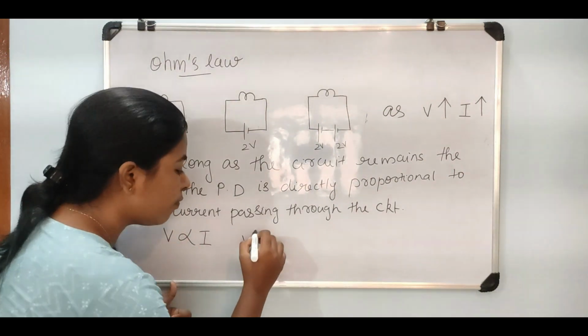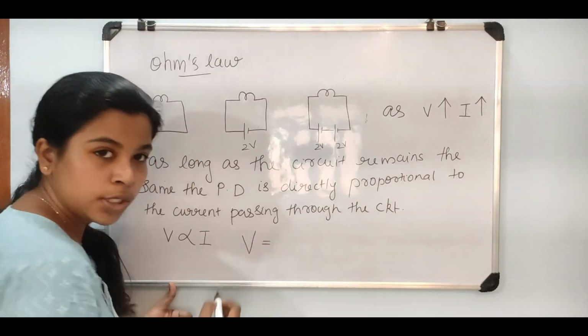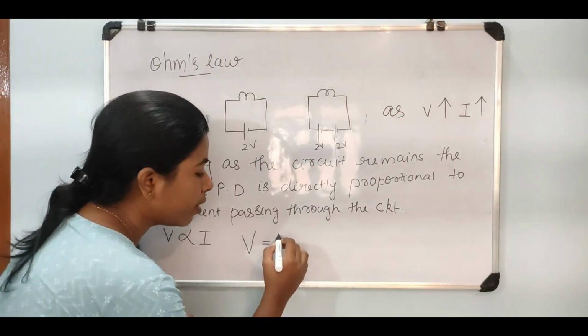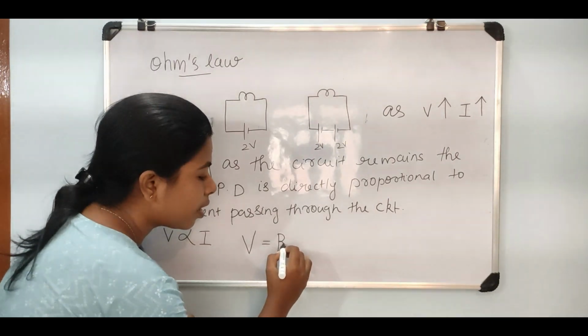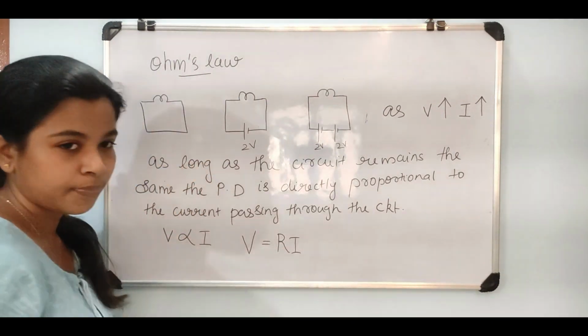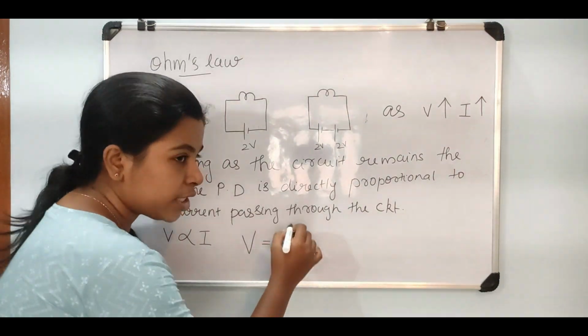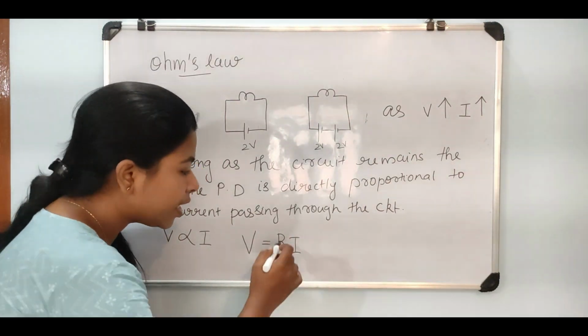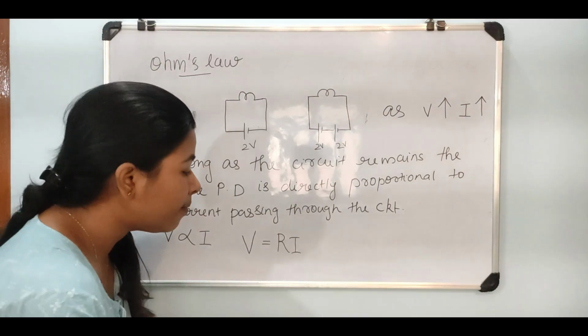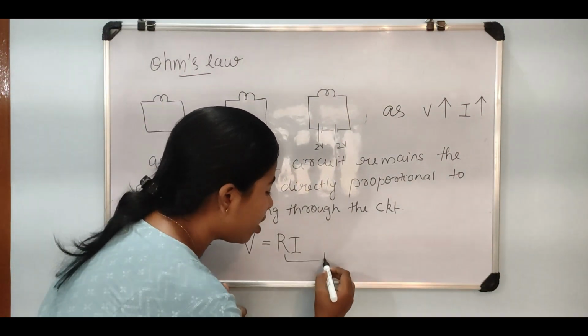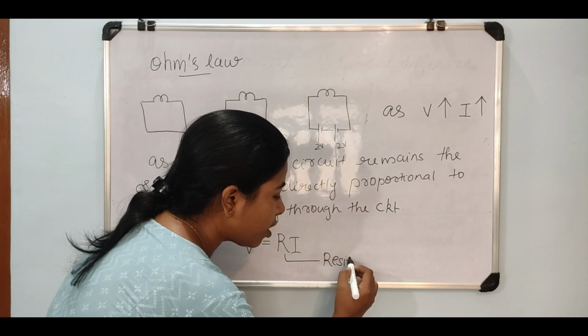That is, V is equal to R I. Here the proportionality constant used is R, which is known as the resistance of the circuit.